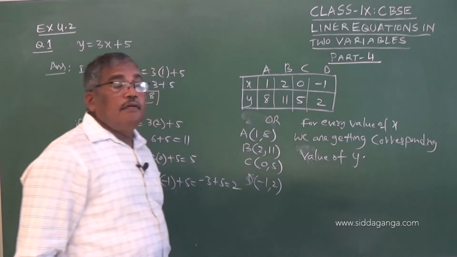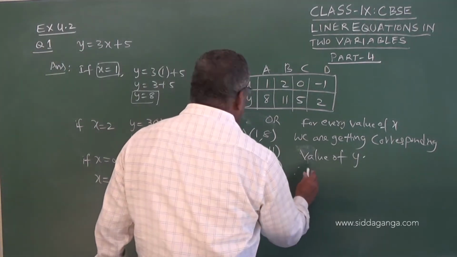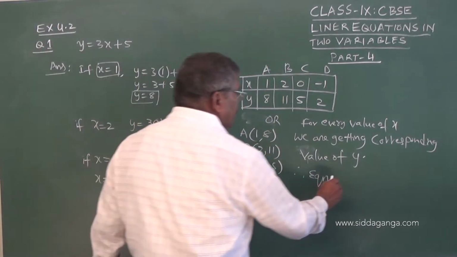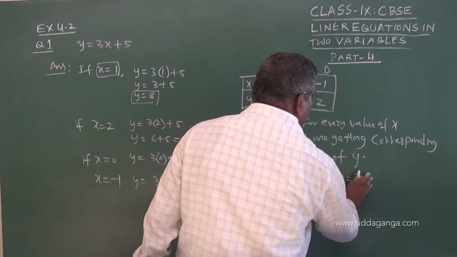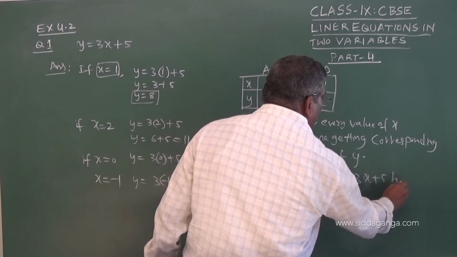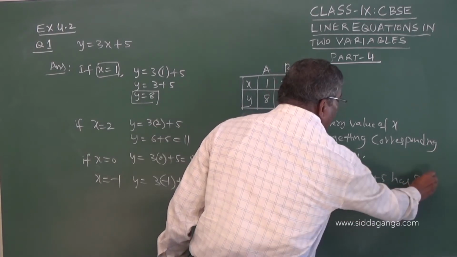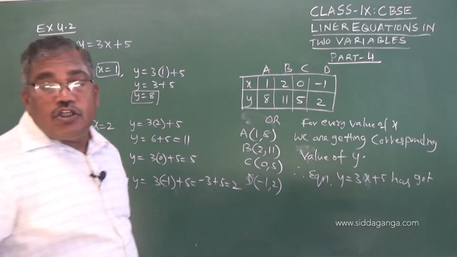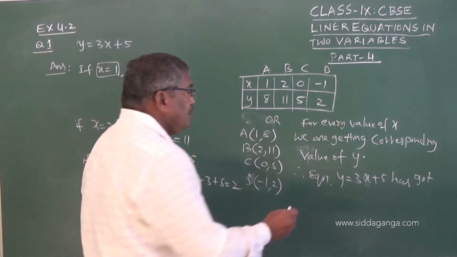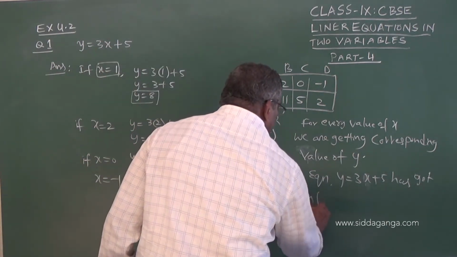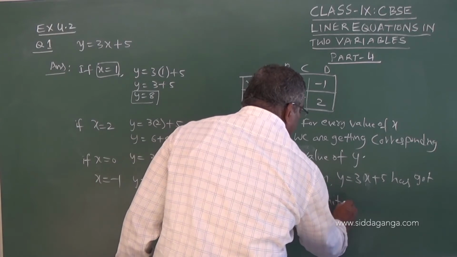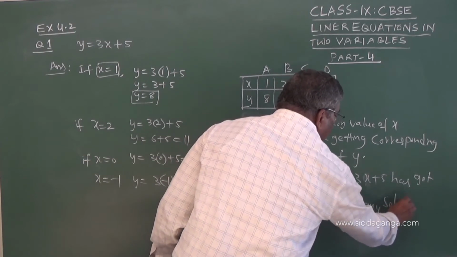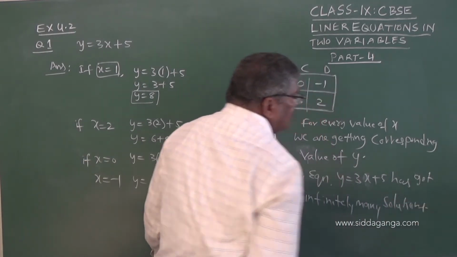So therefore, the equation y equals 3x plus 5 has got infinitely many solutions. That is, answer 3: it has got infinitely many solutions.